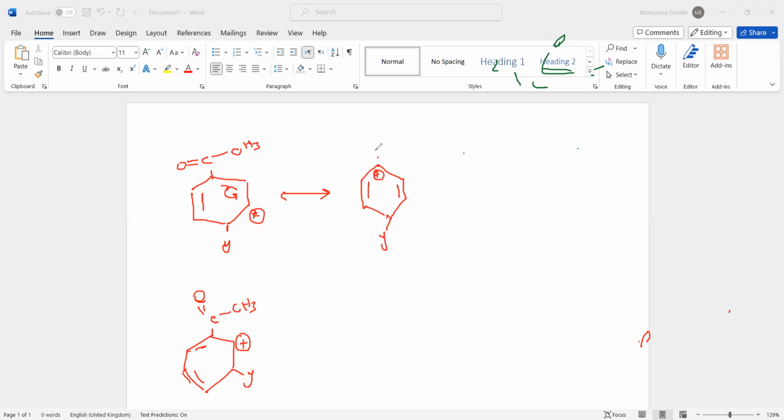There is also a possibility that this bond will move in here.